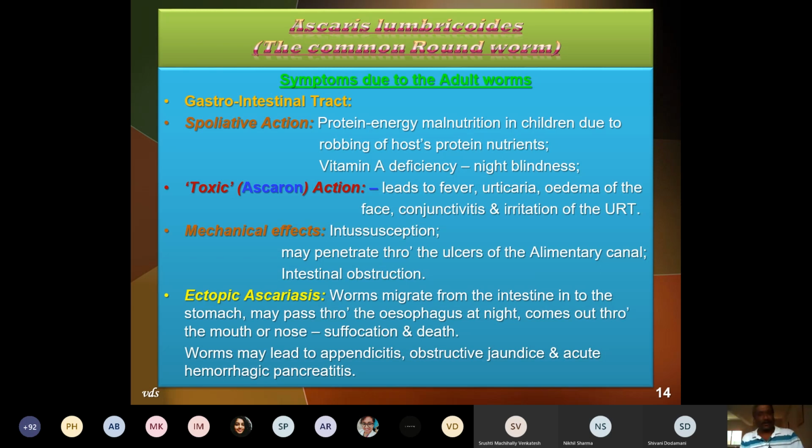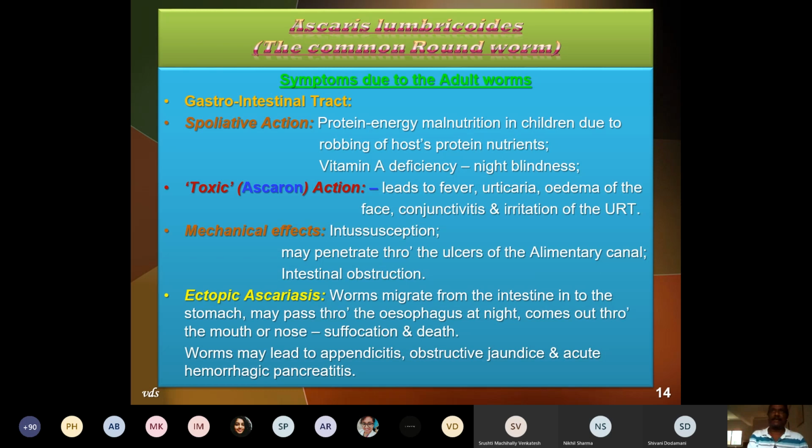Second is toxic action. As you know, these are cylindrical worms. The cylindrical body contains fluid. In the case of Ascaris, that fluid inside the body of the adult worm is called ascaron. But this ascaron is very anaphylactic in its action. If it is released outside the body, it may give rise to an anaphylactic reaction. That is very important.